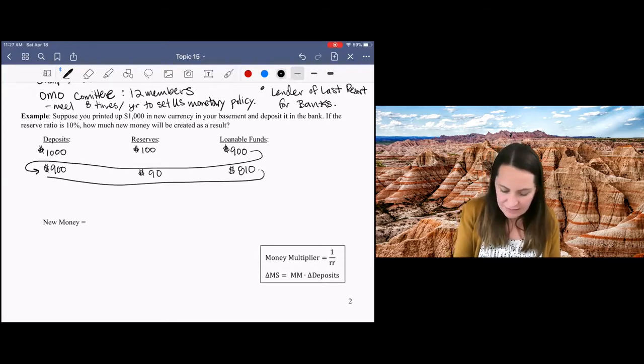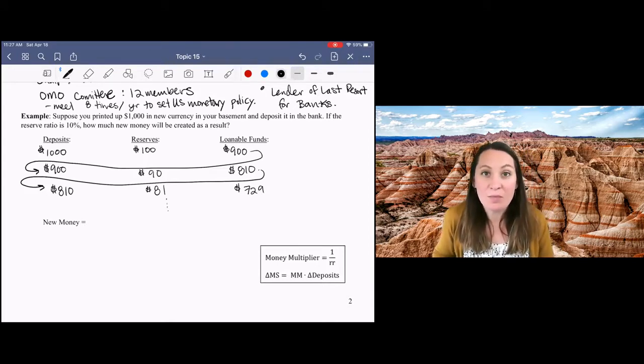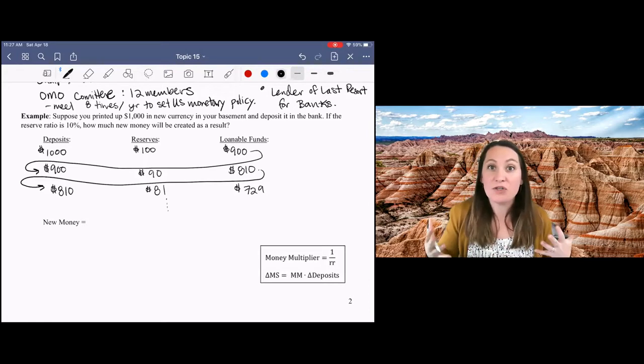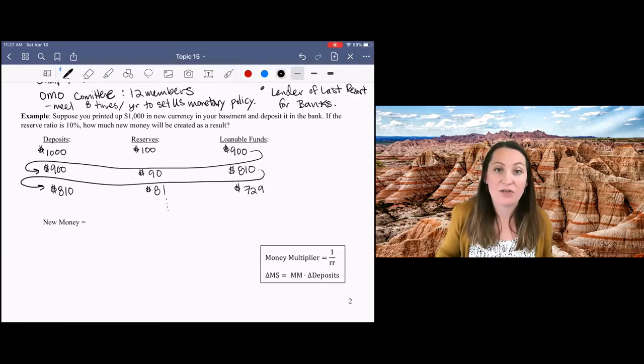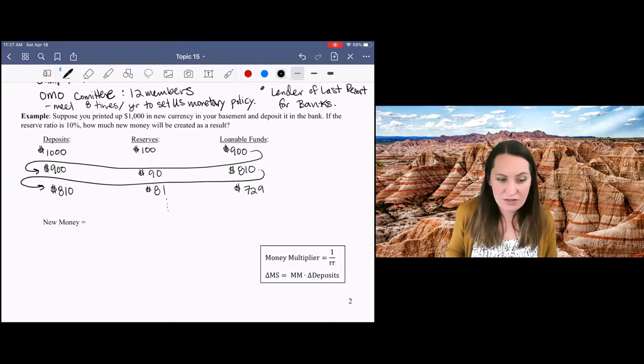Okay, this process occurs again and again, creating much more than $1 in money for every dollar in currency that is deposited into the bank. All right, so this would be an infinite process by which new money would be created through the fractional reserve banking system. So let's just start to think how we would add up all the new money that's created by this new $1,000 in deposits.